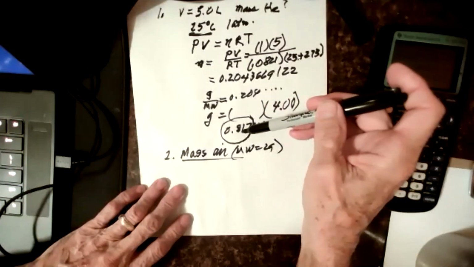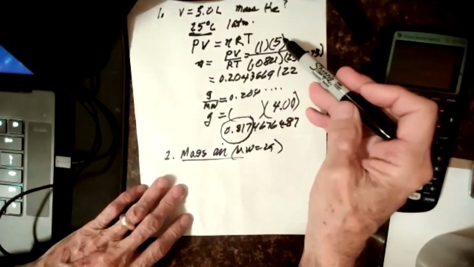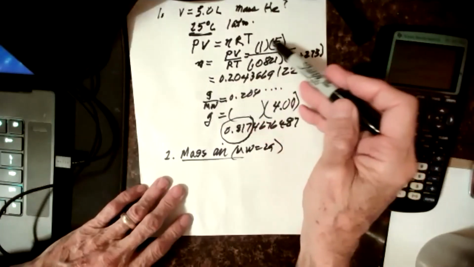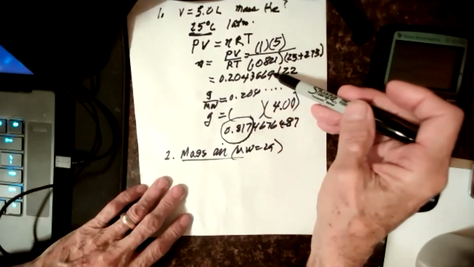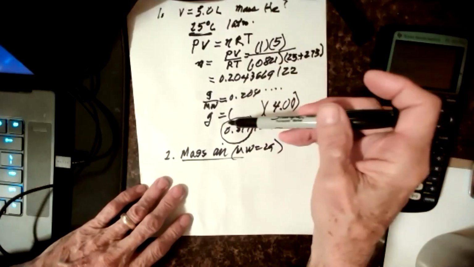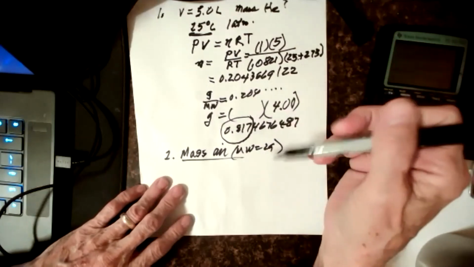The molecular weight is 29, and I could go back through this whole calculation. Everything is still the same to here. I get this 0.204 moles, and I'd multiply by the molecular weight of air, which would be 29, wouldn't it? Okay.